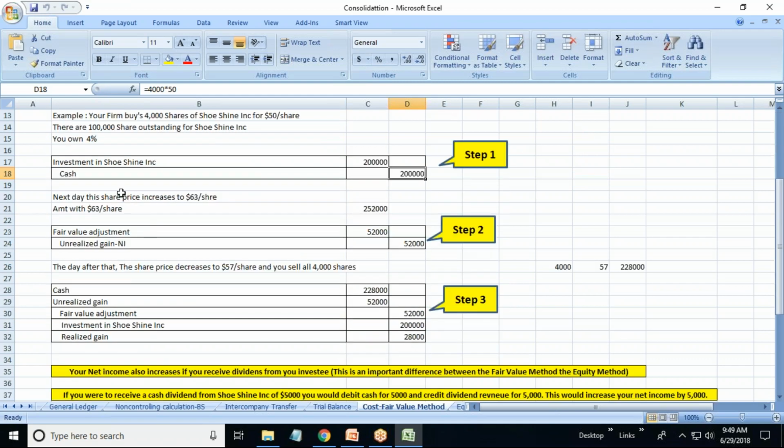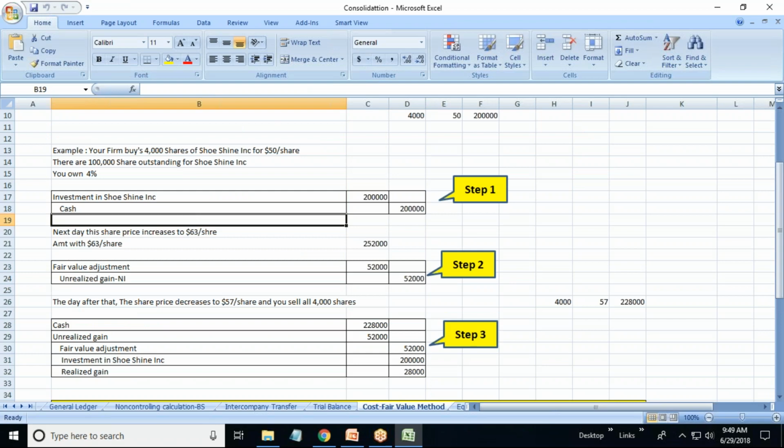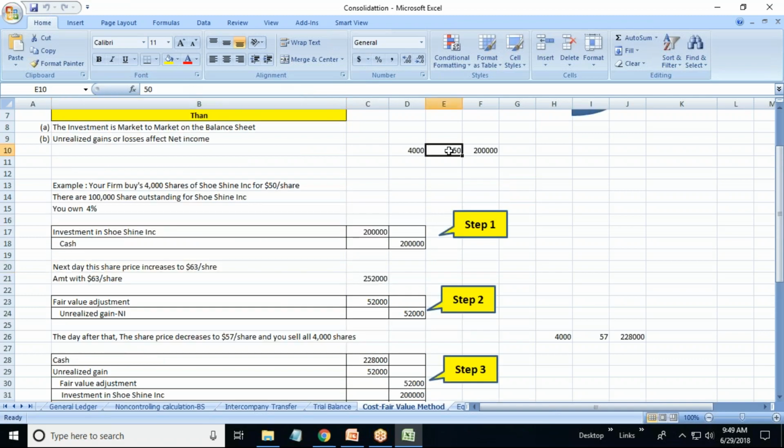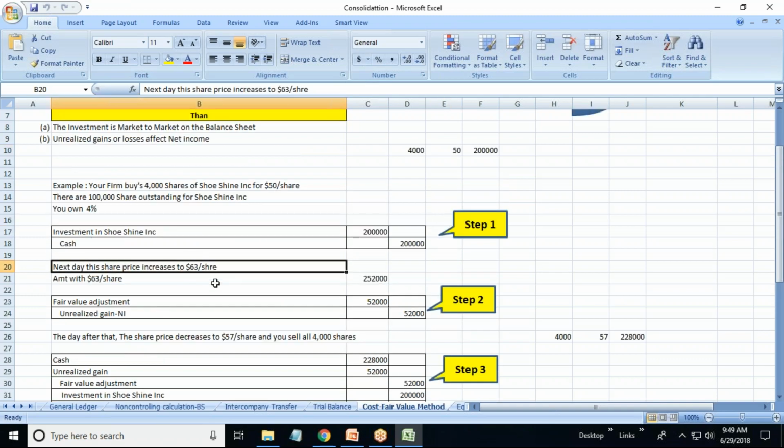When it comes to the revaluation, you check the price, say the very next day or after some time, and the share price has increased to 63. You purchased at 50, but now the price is 63. So you need to make a fair value adjustment for the unrealized gain, because you have not sold your shares yet.